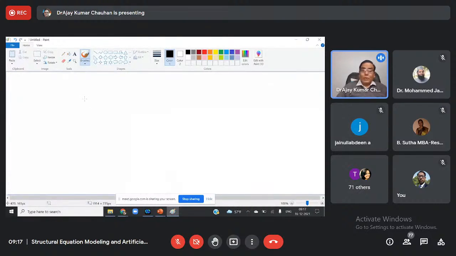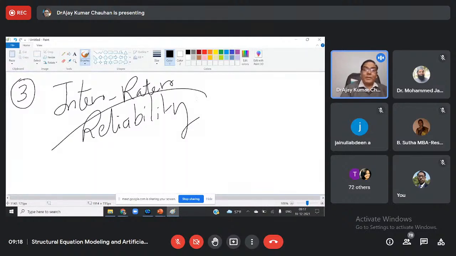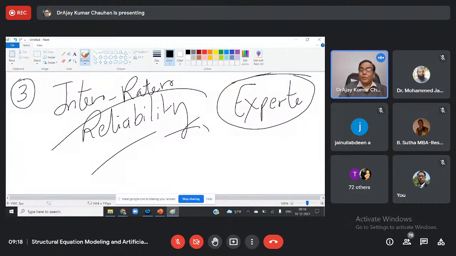Okay. Now, the third kind of reliability is called inter-rater reliability. When you are collecting the data from experts, you want to know the consistency in the experts' decisions.